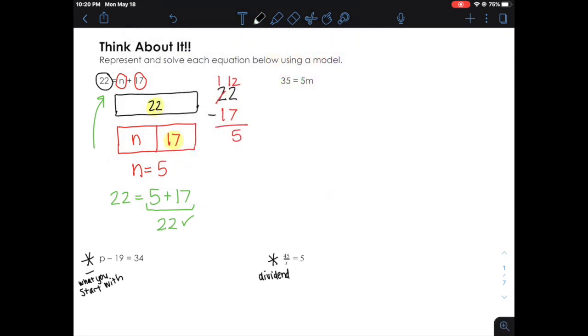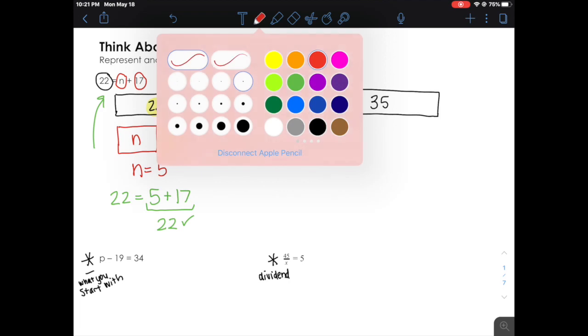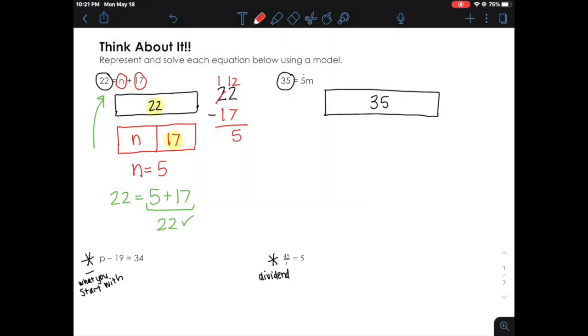Our total for multiplication, that one's also going to be simple. It's going to be the number on the side of the equal sign that's by itself. Okay, so I'm going to draw that total. Label this 35. Instead of having parts, I'm going to have group size, and I'm going to have groups.